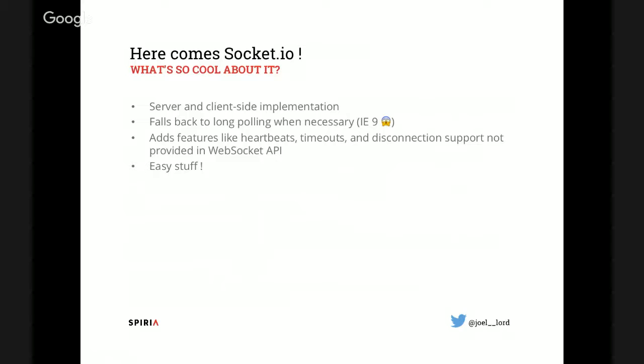Also, it adds a lot of features like heartbeats, timeouts, disconnection support, which is not necessarily provided in the WebSocket API. And it supports sending and receiving JSON objects out of the box, so you don't have to bother with stringifying your JSON objects and then parsing them back. And the coolest thing about it is that it's very easy to use.